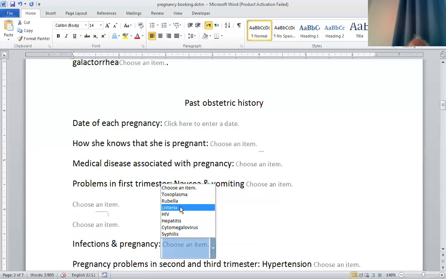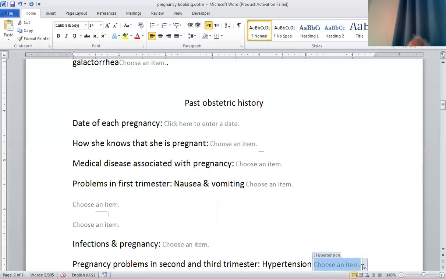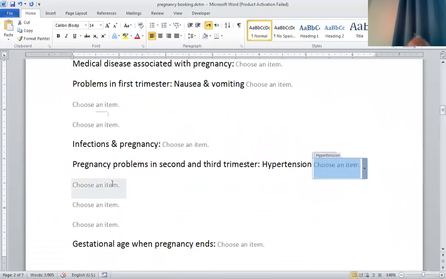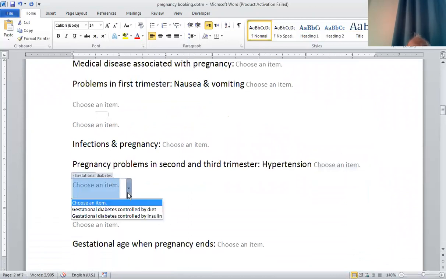Did she have infections such as HIV, hepatitis, coronavirus, or sepsis? Did she develop hypertension, diabetes, or preeclampsia during pregnancy or not? Was it gestational diabetes, or was she diabetic before pregnancy?